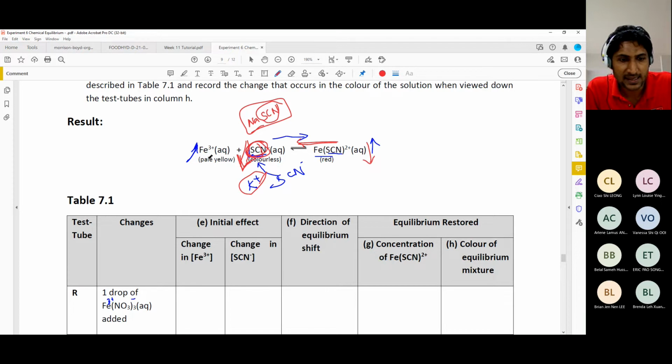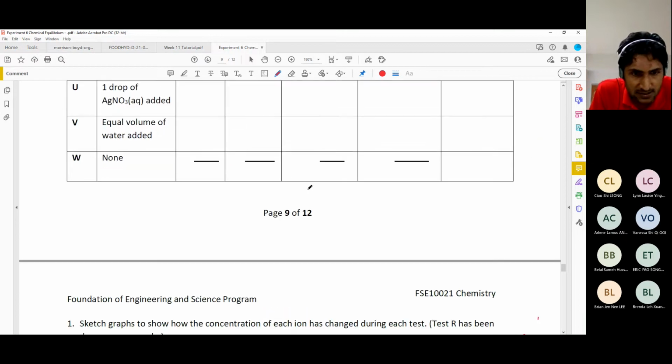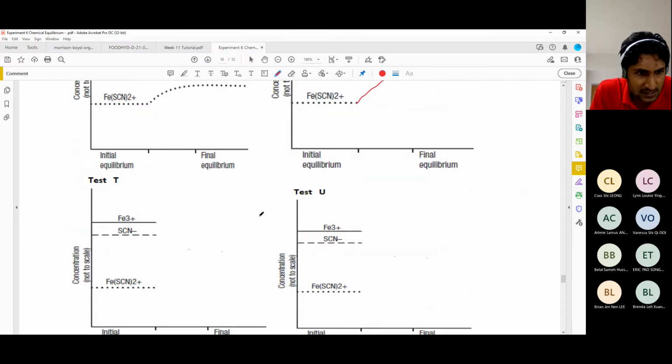But in this case, iron is increasing because this iron is not being used anywhere, but just because the equilibrium shifts to the left, this thiocyanide is being produced, and iron is also increased. From what it was there, iron started to increase because it was not used in that position. So for T, iron started to increase and then go to equilibrium.